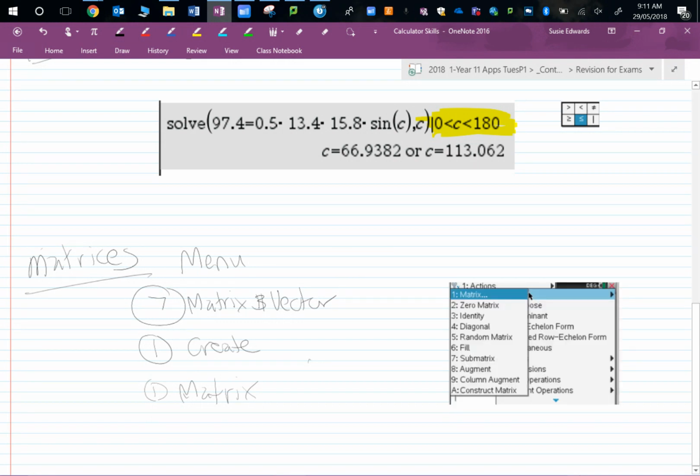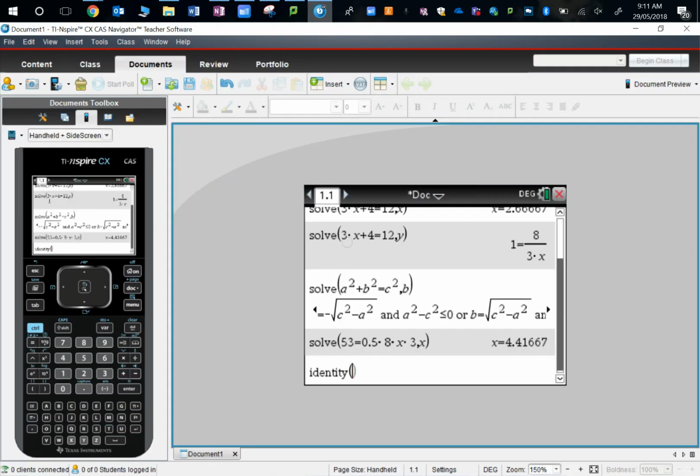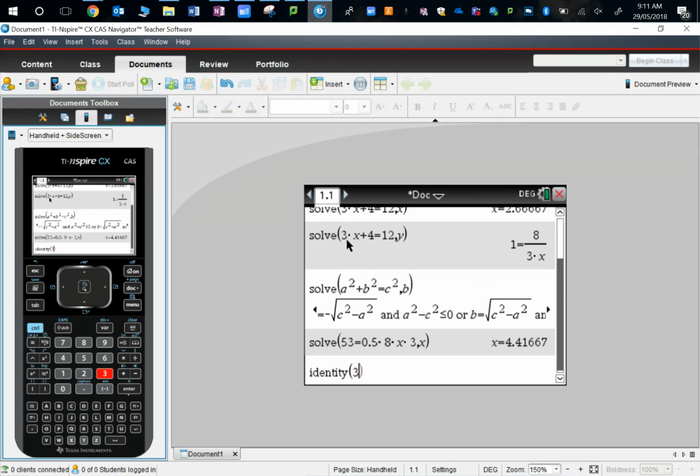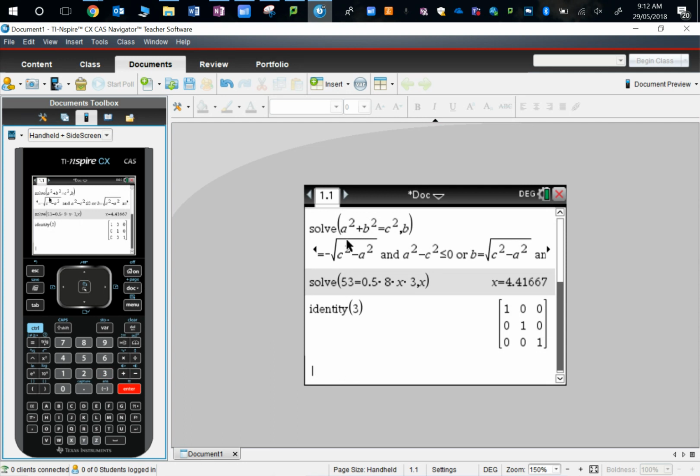Okay, so you could have a zero matrix, you could have an identity matrix. I haven't actually tried using this for an identity matrix, so let's just try. We'll go identity. Now let's just see how we put it in. So if I write 3, it'll give me a 3 by 3 identity matrix. So whatever number, if you want to put in identity 3, it's going to give you a 3 by 3.